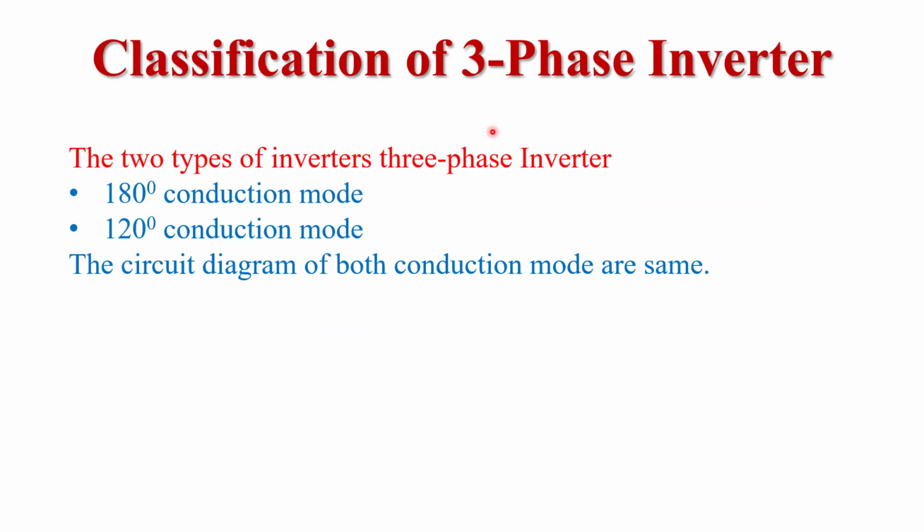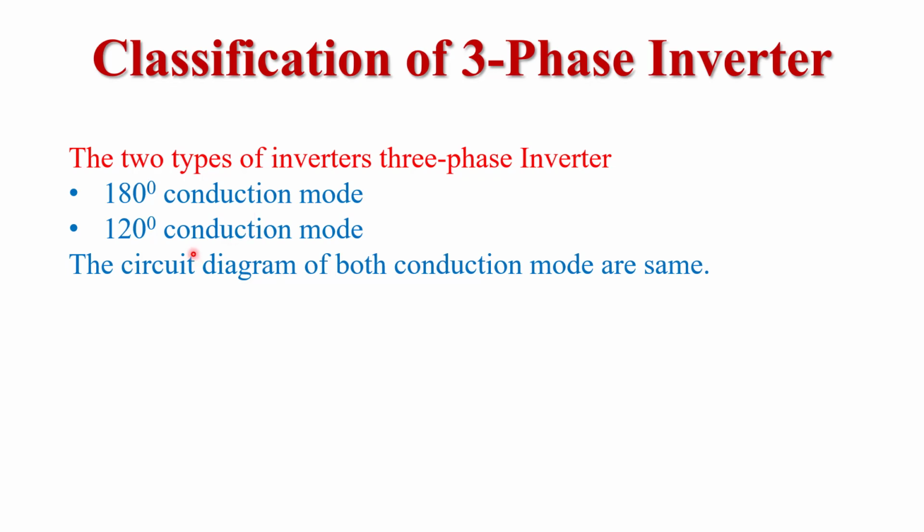Now classification of 3-phase inverter. There are basically two types of 3-phase inverter, 120-degree conduction mode and 180-degree conduction mode. 180-degree conduction mode I have already explained in my previous video, so if you want to study about it, please refer to that video.